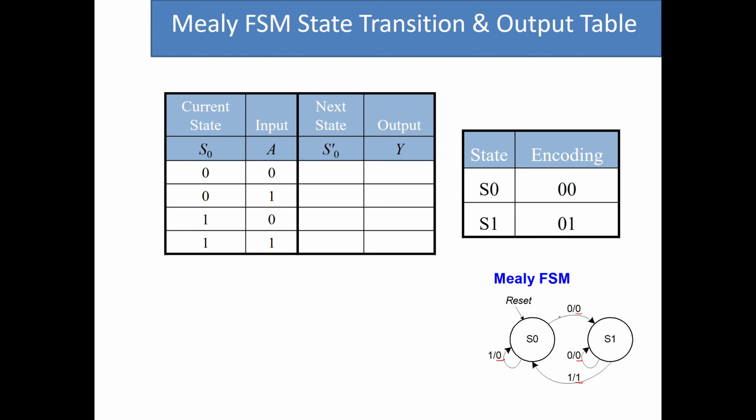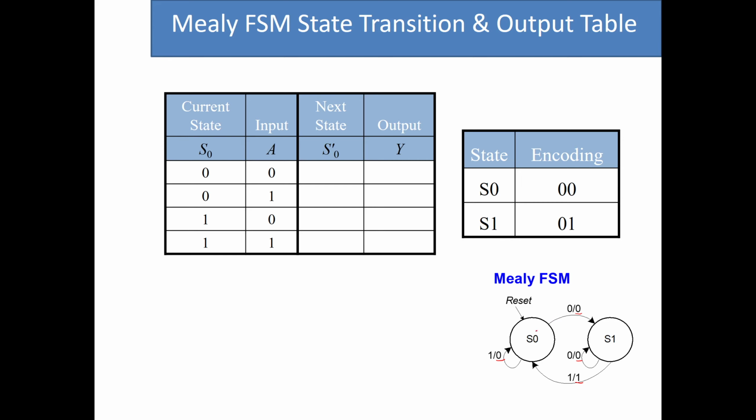But for the Mealy FSM, we show the outputs on top of the arcs, which basically says that these outputs are not only dependent on the current state, but on the current inputs too. So this is another difference that we had in the design of Moore and Mealy FSMs.